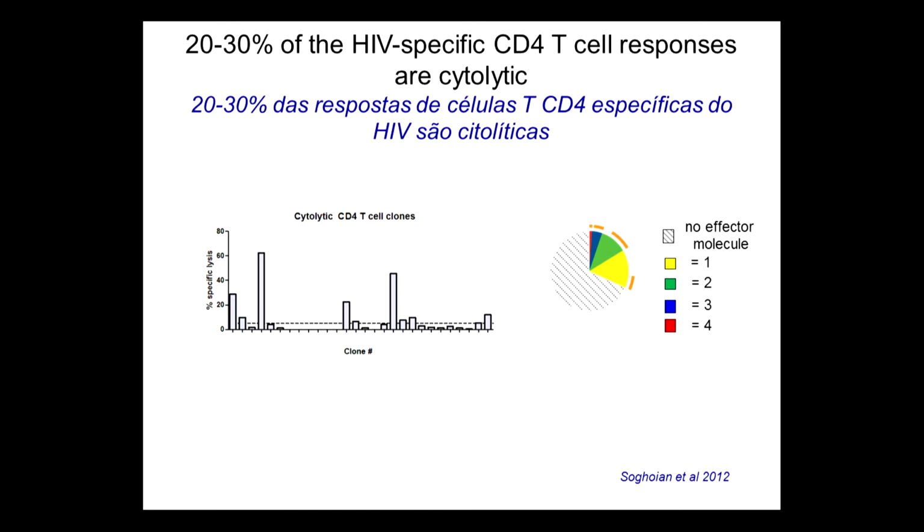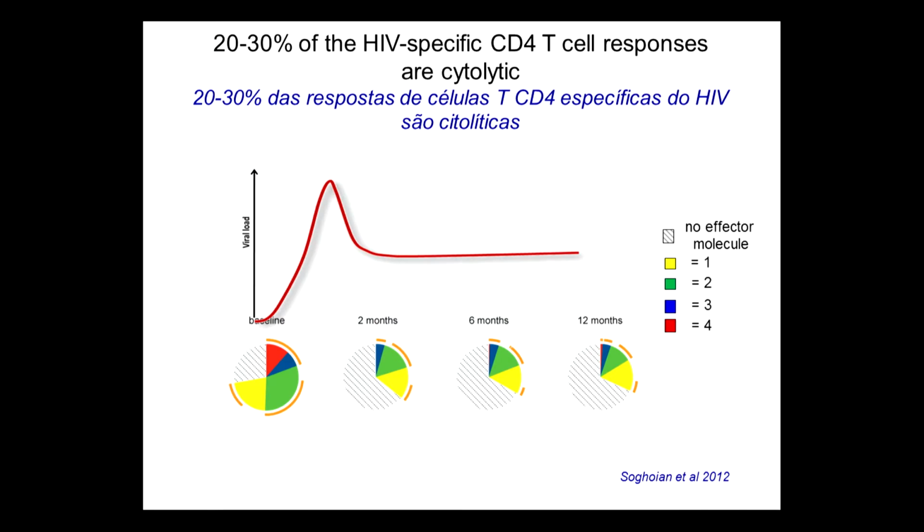Interestingly, we found that more HIV-specific cytolytic CD4 T cells are present in the acute phase of the infection. Over 70% of the HIV-specific CD4 T cells in the acute phase produce cytolytic molecules, which decrease over time.